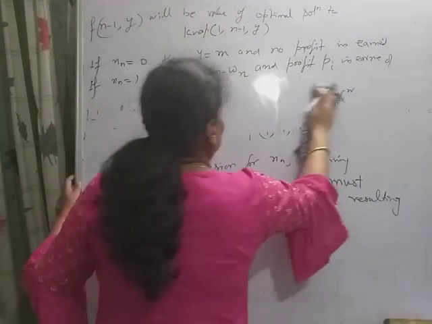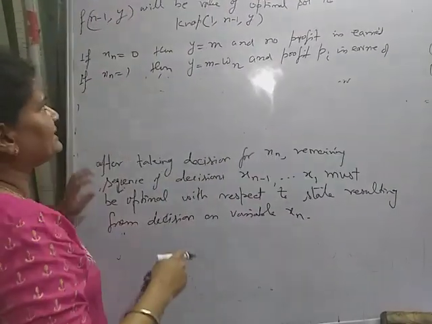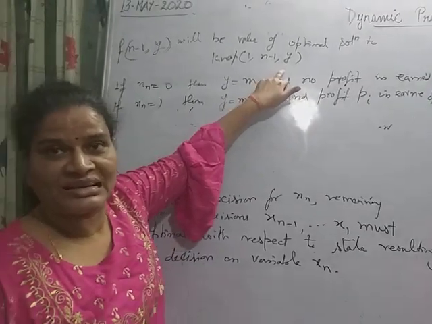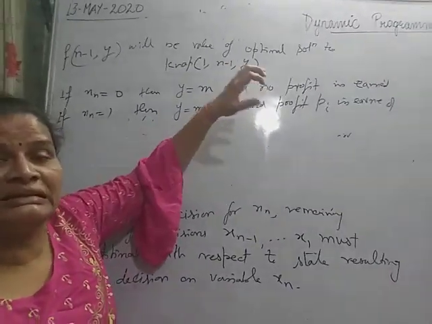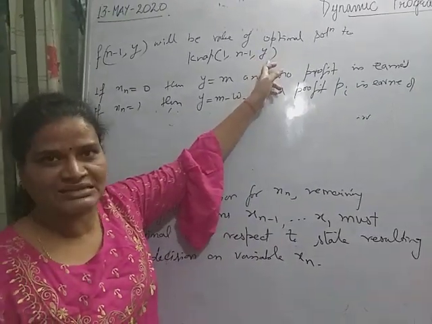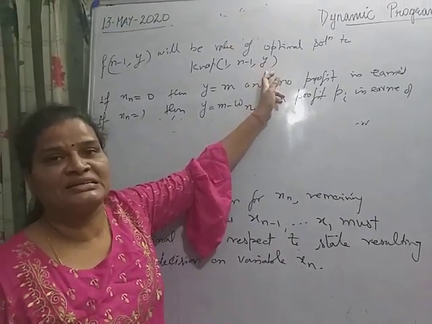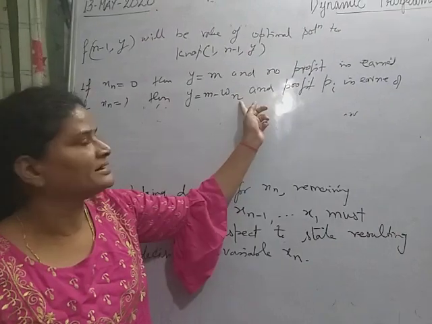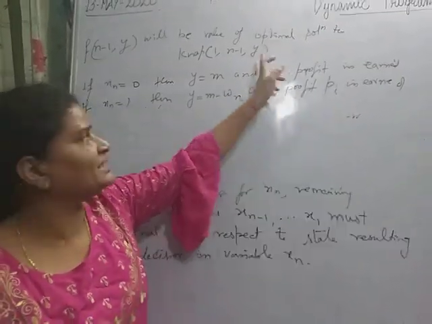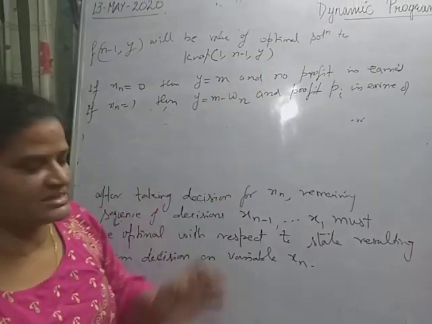So now see here, y depends on whether the nth object is included or excluded. If the nth object is included, then the capacity will be reduced by Wn, and if the nth object is excluded, then y is the same as the original capacity.